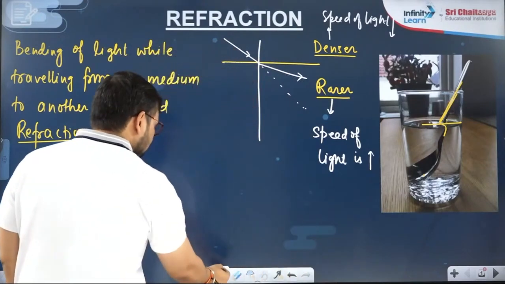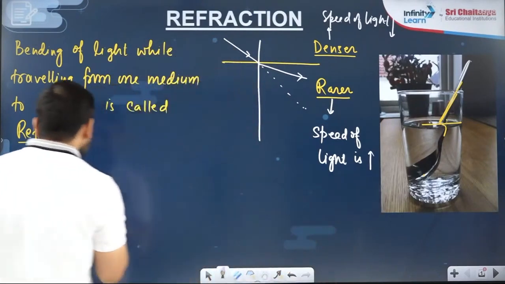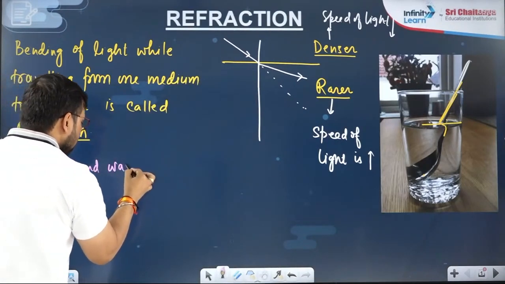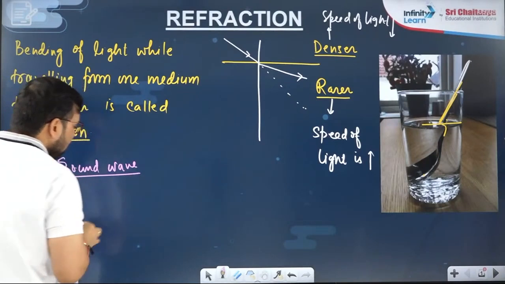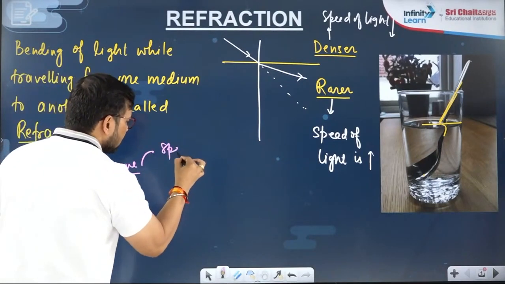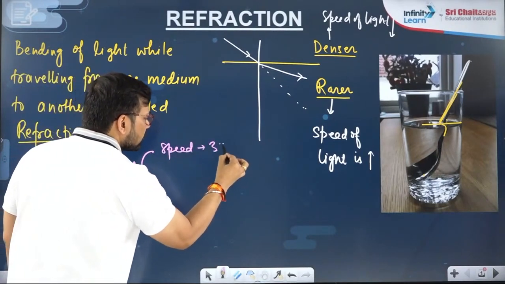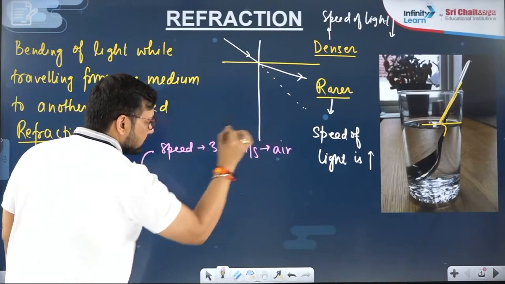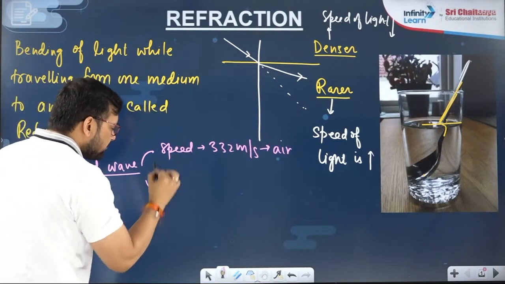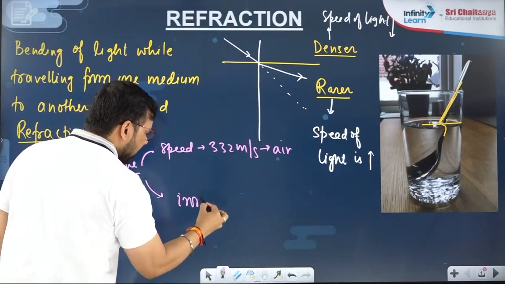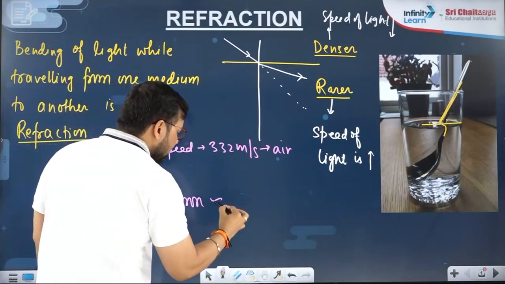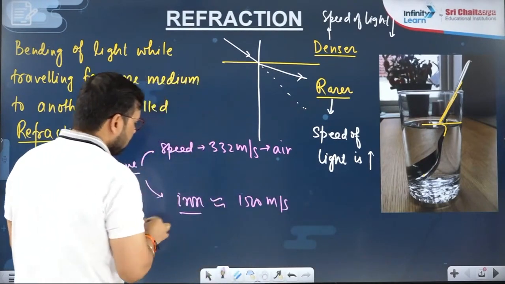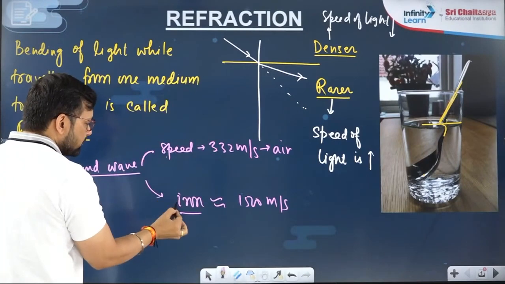Like one example I will take. Suppose I am taking sound wave. Like I am speaking something and you are listening to it, that sound wave speed is around 332 meter per second, and that medium I am taking is air, right? But suppose I am taking metal, specifically iron, approximately that is 1500 meter per second. That is the speed of sound wave in iron.